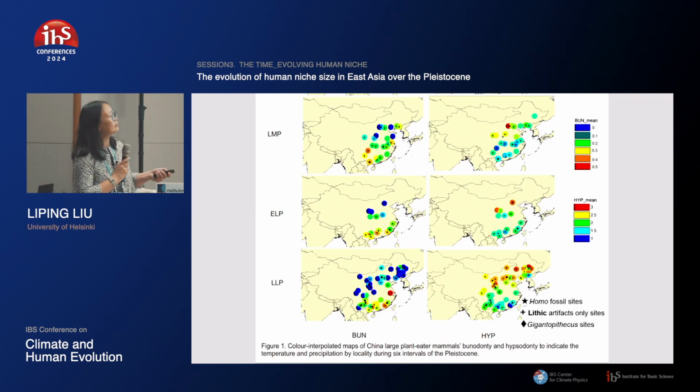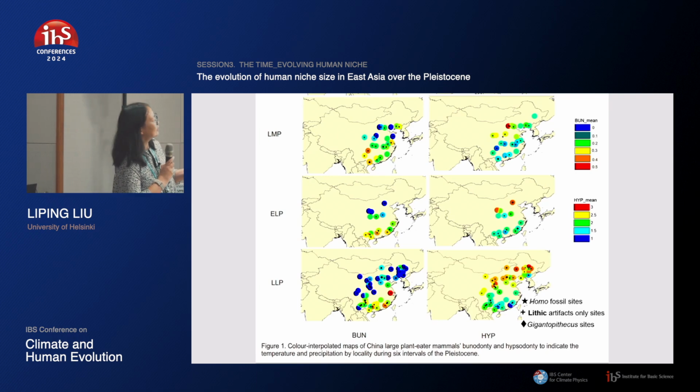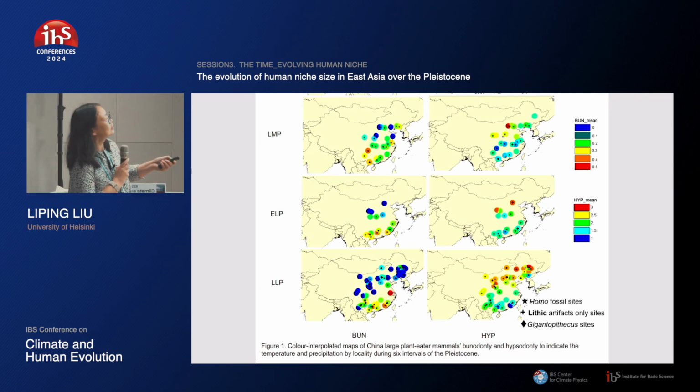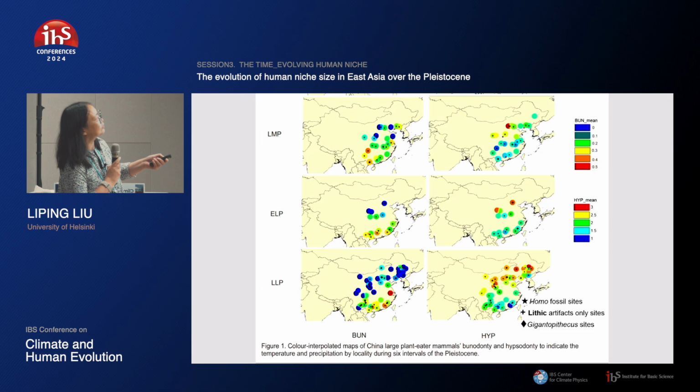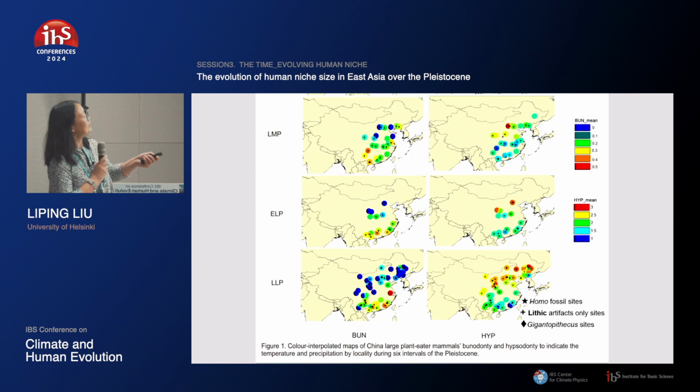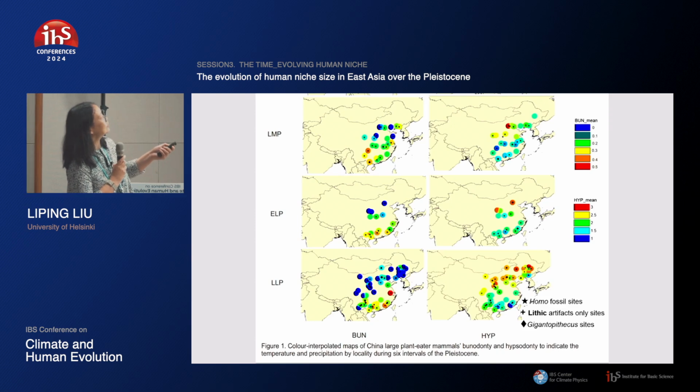And from the late middle Pleistocene, Gigantopithecus only has one site. And the humans expand to more of southeast China, and also much further north.